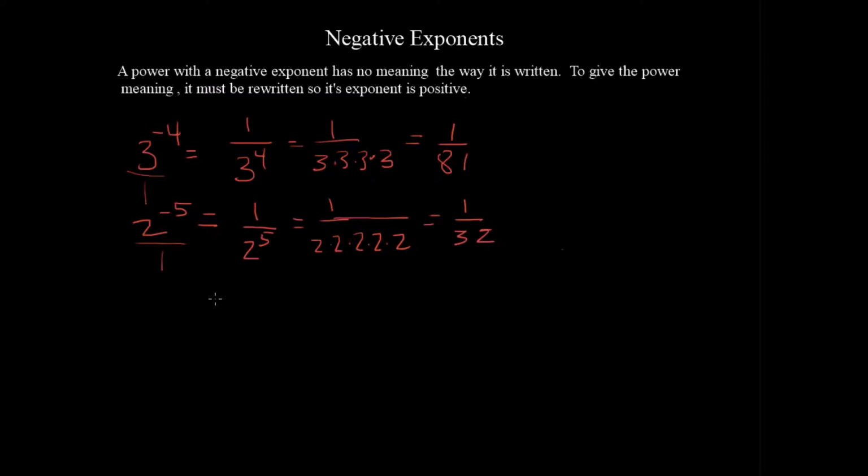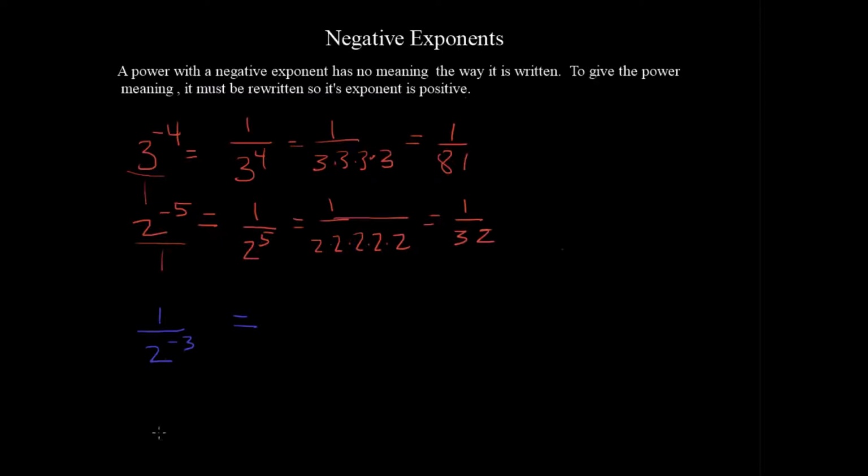Now, what do we do if your exponent is in the denominator and it's negative? So if you have something like this, 1 over 2 to the minus 3, how are we going to simplify this?